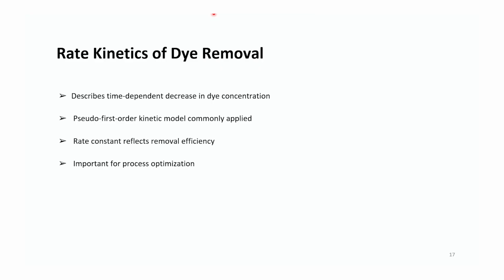So what is the kinetics behind this? A pseudo first order kinetic model is basically applied to this. This reaction follows the pseudo first order kinetic model, where the rate constant reflects the removal efficiency, and it is important for process optimization.